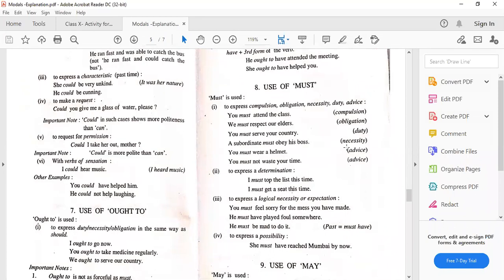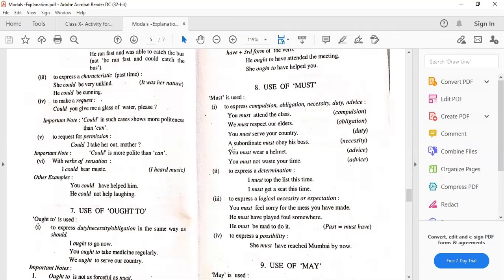Next is the use of must. To express compulsion, obligation, necessity, duty, advice, इन सारी forms के लिए हम must भी use कर सकते हैं. You can see the example differently. You must attend the class. It's compulsion. That means आपको ज़रूर करनी चाहिए. We must respect our elders. It is our moral obligation. You must serve your country. It's again a duty. A subordinate must obey his boss.